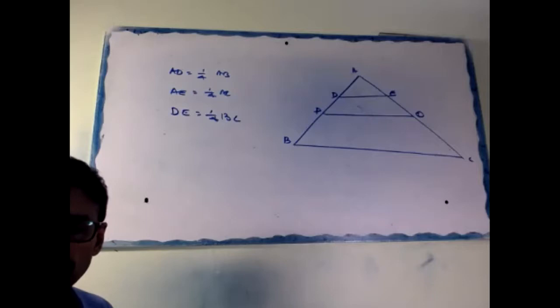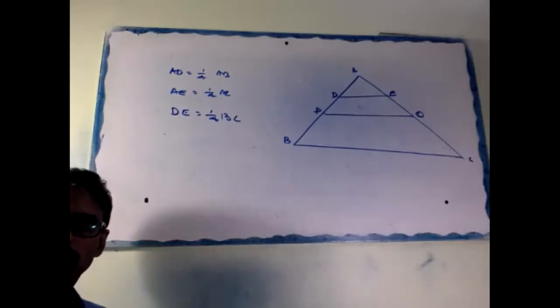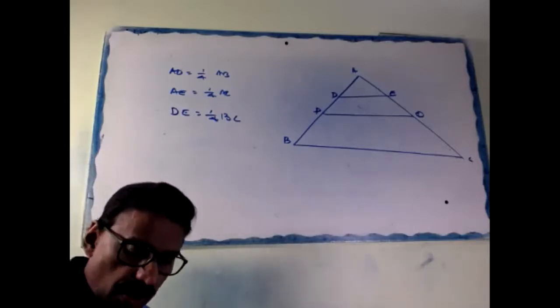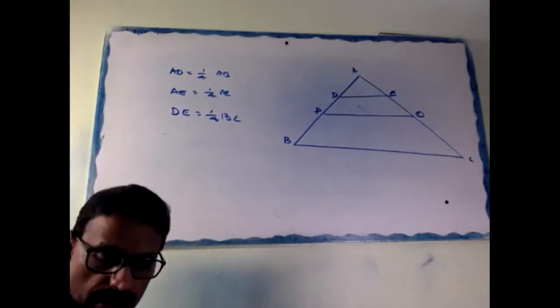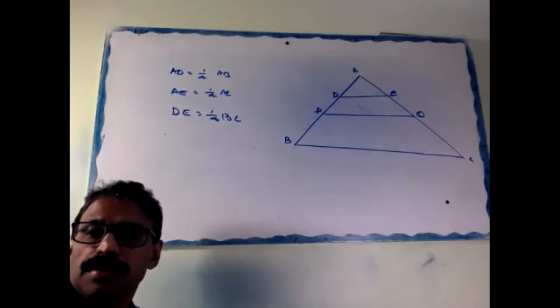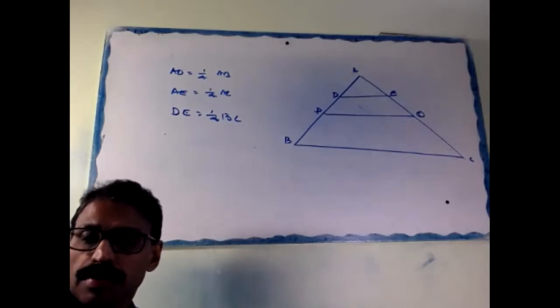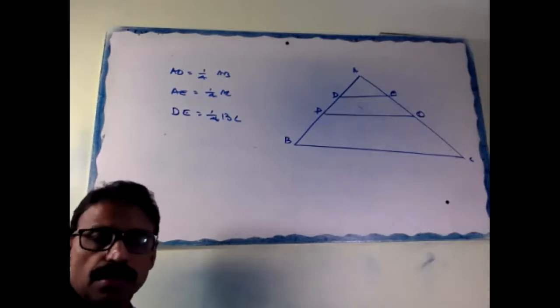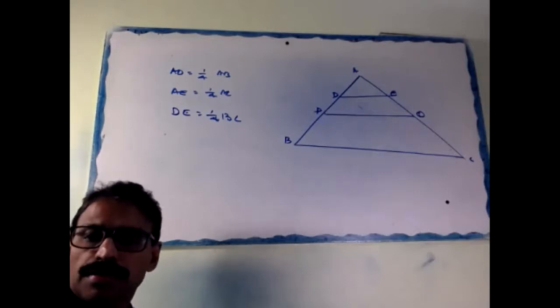Okay, clear now, Divya? This is based on the midpoint theorem. Those who are absent, I don't know how we'll manage it. The portion of the test in this chapter is quadrilaterals.